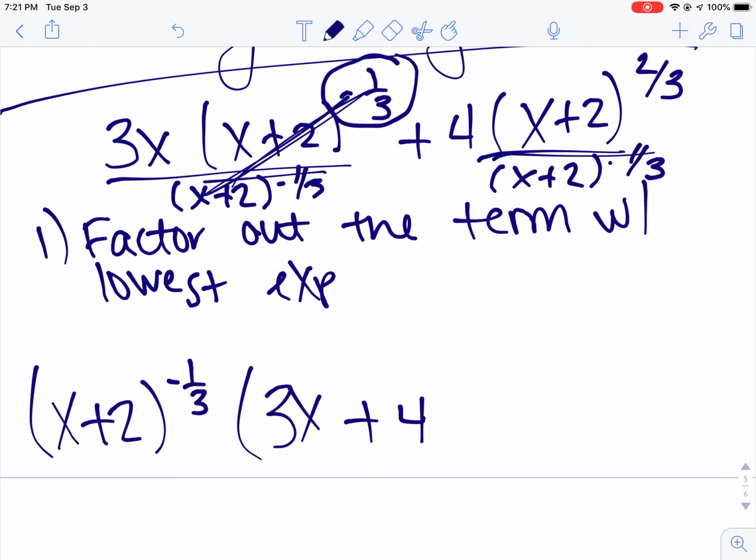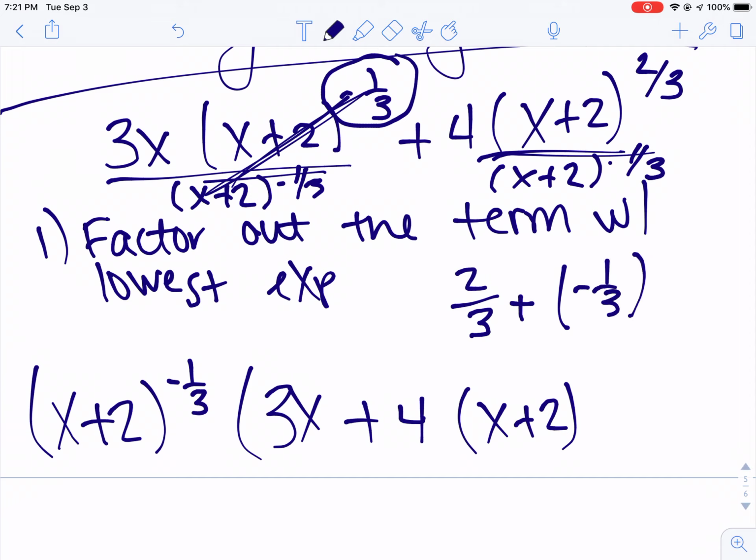Over here, since they have the same base, x plus 2, you leave that base alone and you subtract the exponents. So I have 2/3 minus a negative 1/3. A negative makes a positive, and you get 3/3, which is 1. So this is going to become x plus 2 to the 1 power.